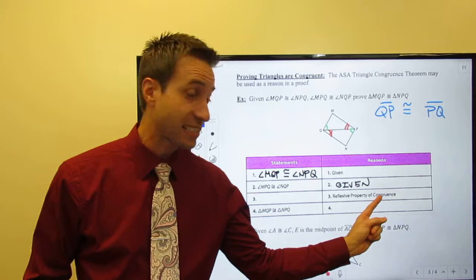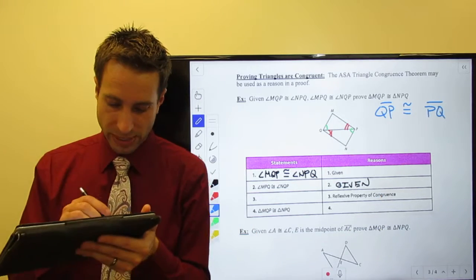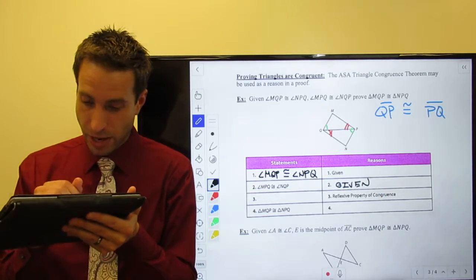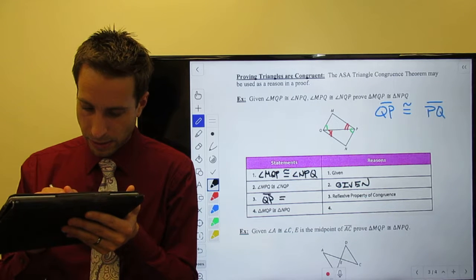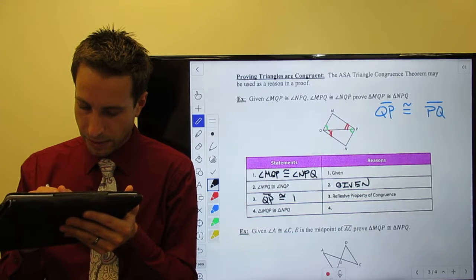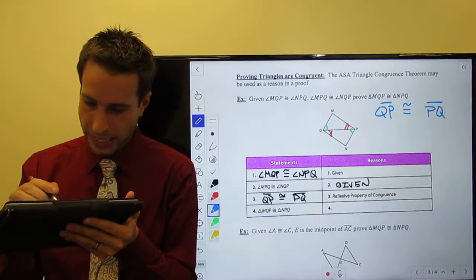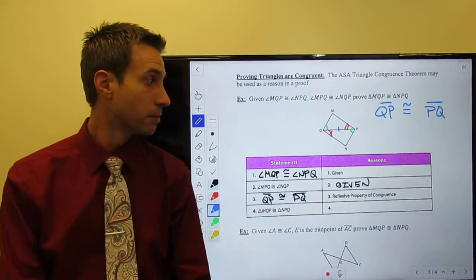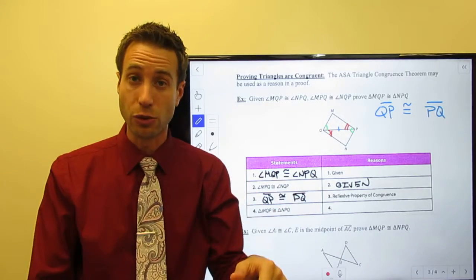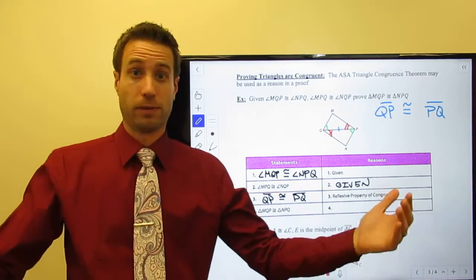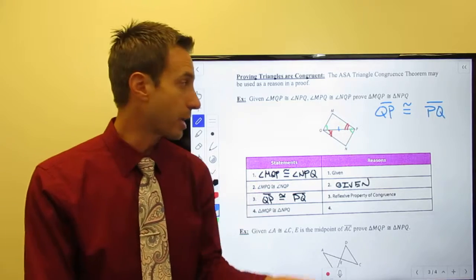That is the reflexive property of congruency. And so here's what I now know. I know that line segment QP is congruent to line segment PQ, which means, boom, obviously that length is congruent to itself. Well, there we go.